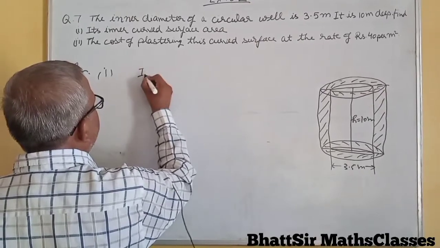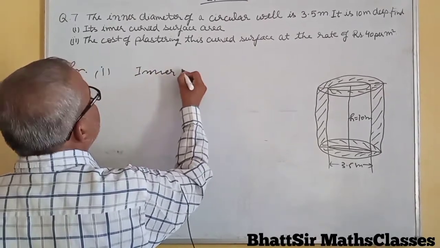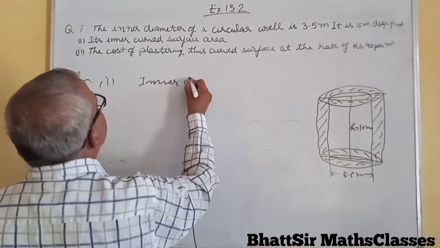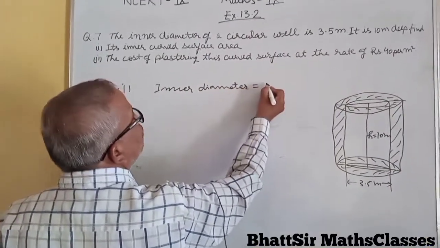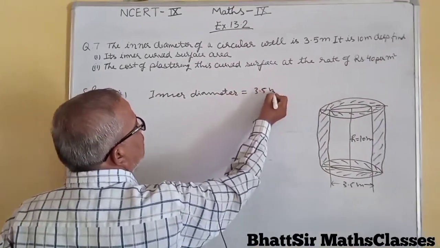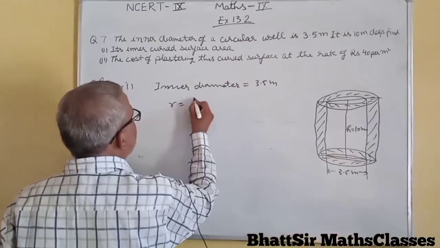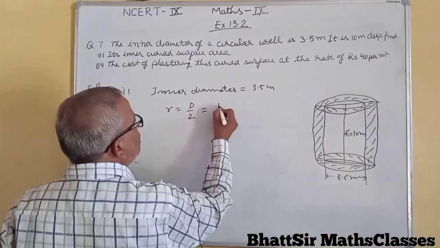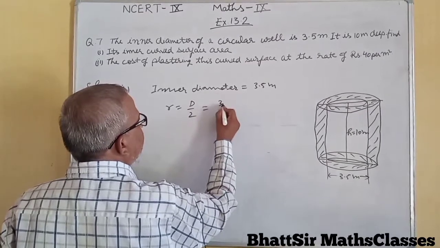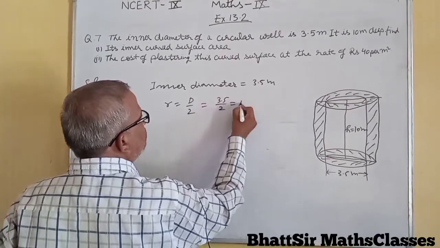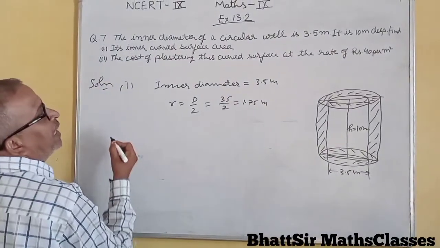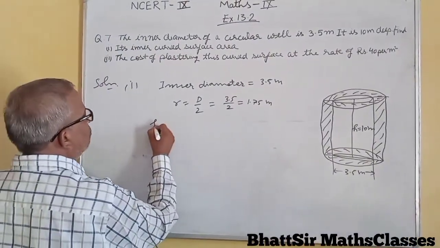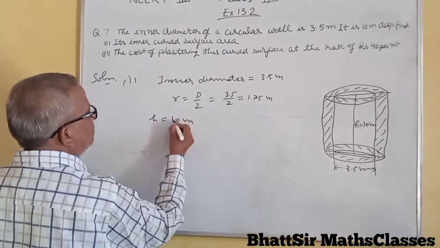So inner diameter equal to 3.5 meter. So radius equal to diameter upon 2, 3.5 upon 2, 1.75 meter, and h equal to 10 meter.